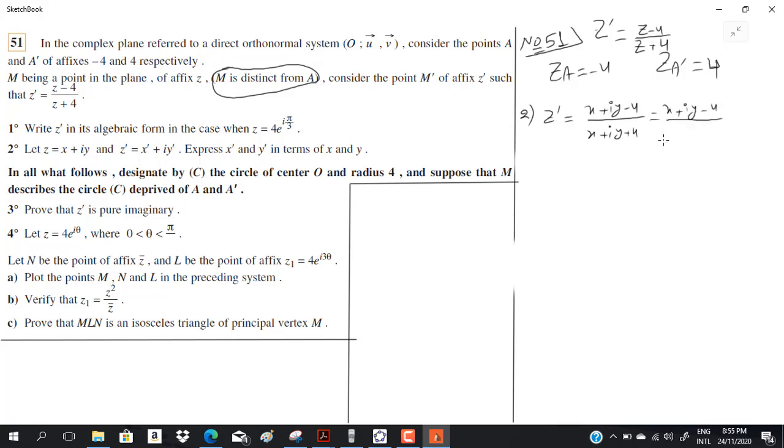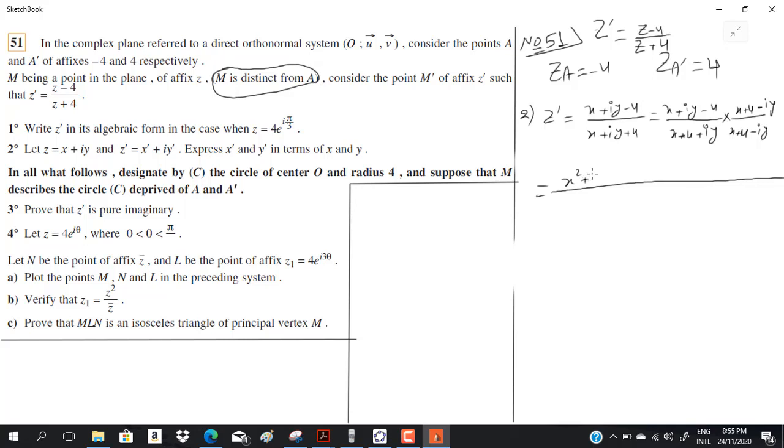I will organize the denominator, real part plus imaginary part, and I should multiply by the conjugate, which is x plus 4 minus iy in the numerator and in the denominator, and then I have to expand.